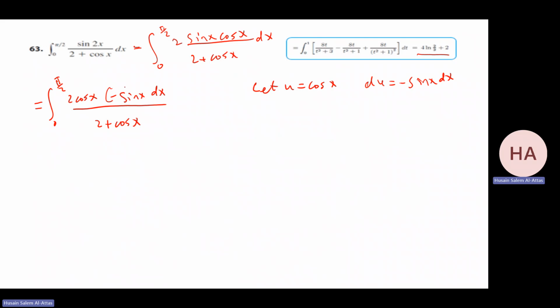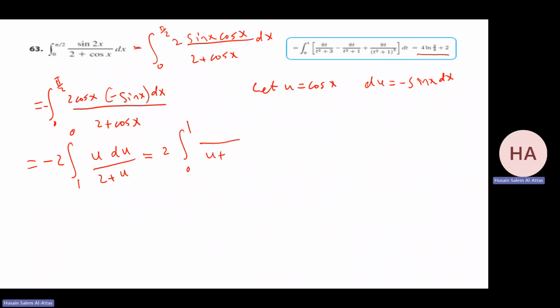So I need the minus sign here and the minus sign outside. So that will be minus 2 times the integral from where to where? Cosine 0 is 1, and cosine pi over 2 is 0. Okay, so I have u du over 2 plus u. I can retain the minus. That will be 2, 0 to 1.